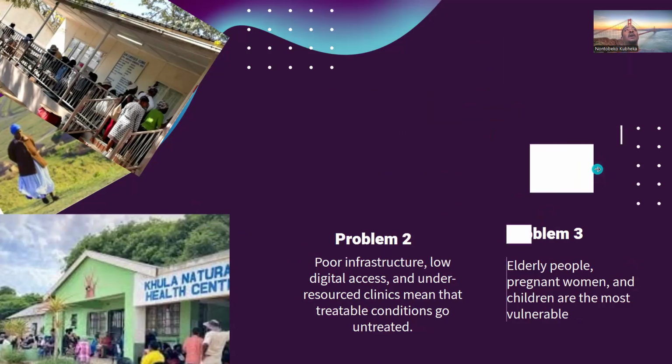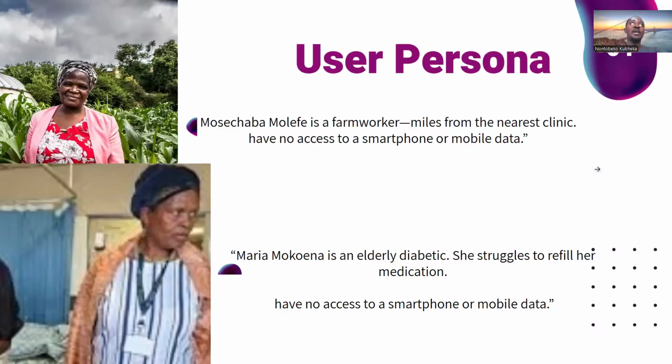And then we met with our two user personas, whereby Masichaba Mulife, who's a farm worker, lives miles away from the clinic. He has no access to a smartphone or even mobile data. So it is a problem for her to be able to access the clinic other than walking that long distance.